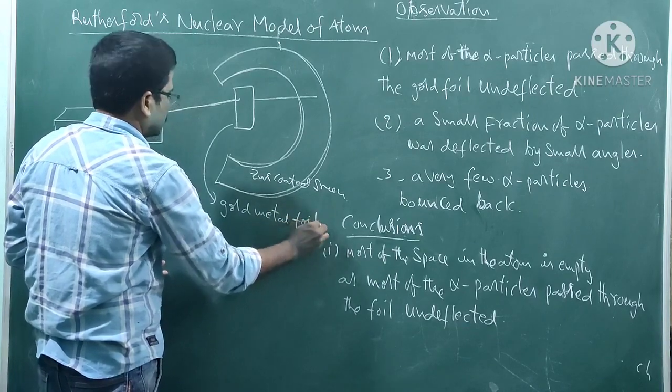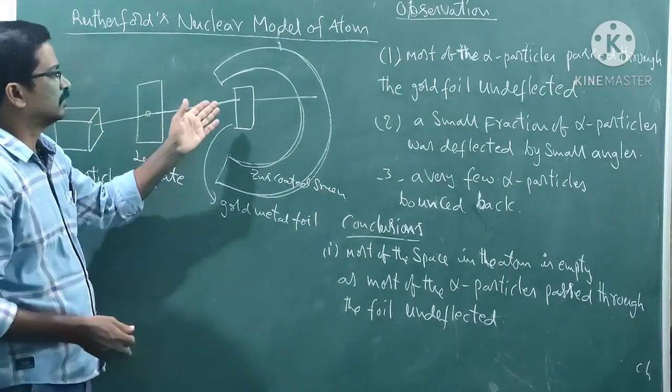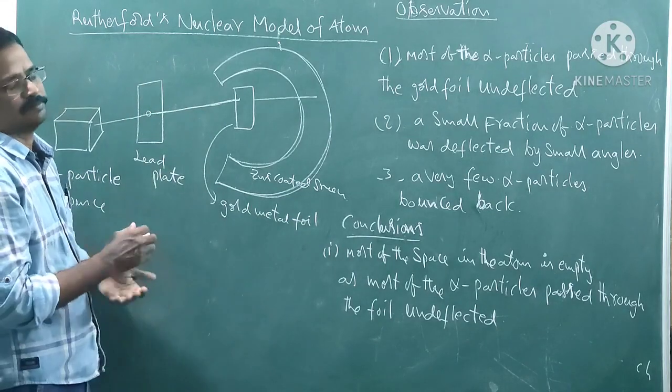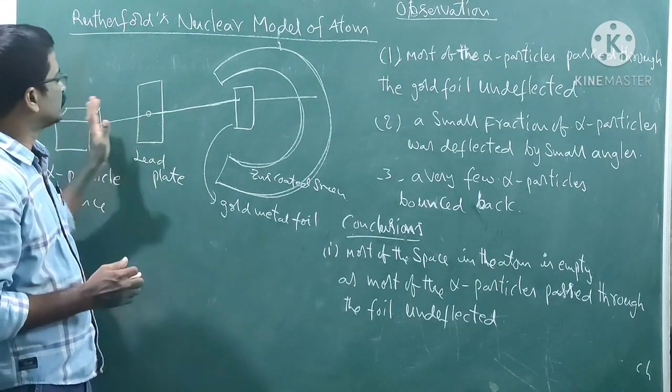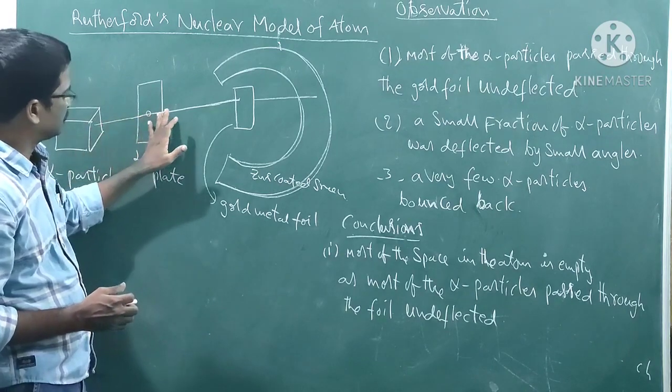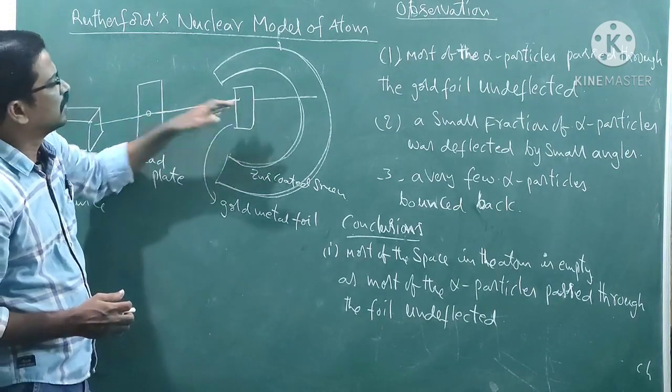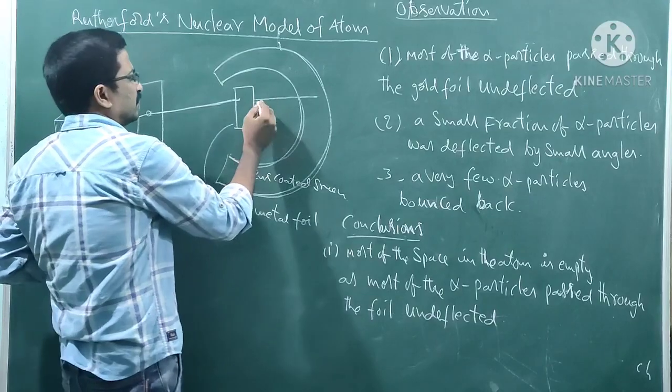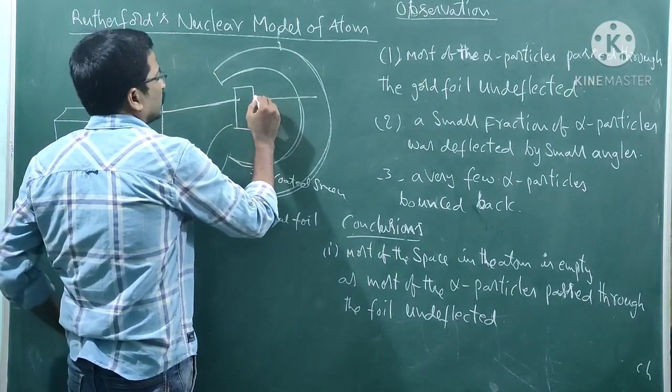What he observed is that most of the alpha particles come in this way and go to the zinc sulfide screen straight away.